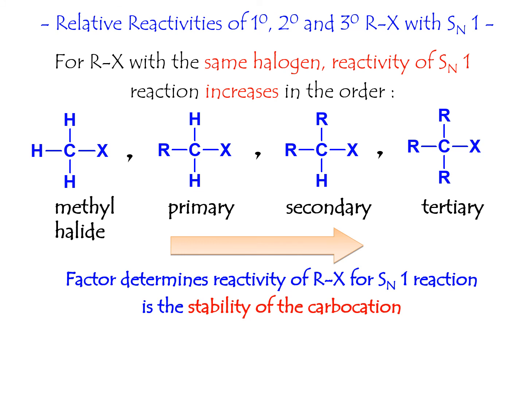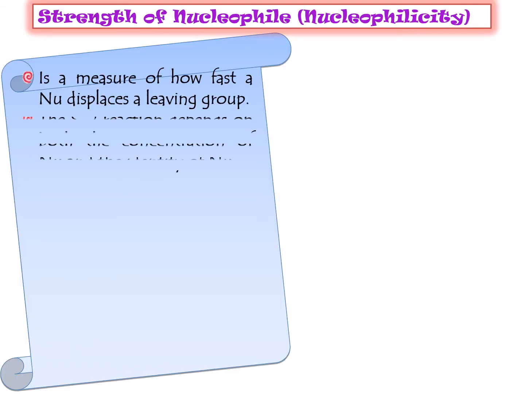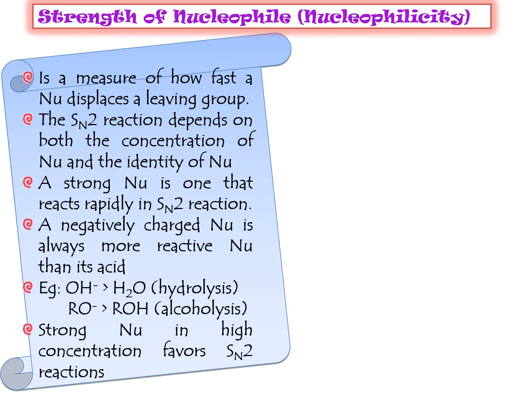The more stable the carbocation, the more reactive toward the SN1 mechanism. SN1 and SN2 reactions depend on both the concentration of the nucleophile and the identity of the nucleophile. A strong nucleophile is one that reacts rapidly in an SN2 reaction, and a weak nucleophile is one that reacts rapidly in an SN1 reaction.